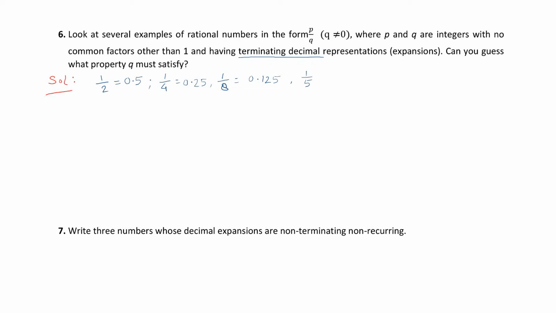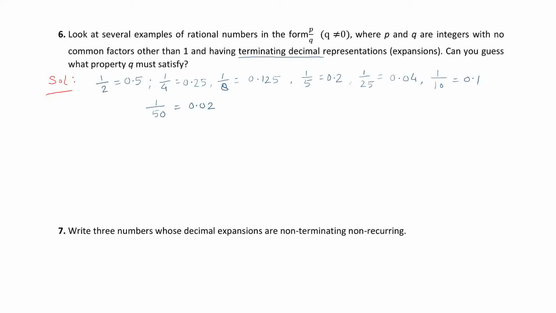So 0.2, again it is terminating. 1 by 25, so 0.04, so again it is terminating. So 1 by 10, again it is terminating. So 1 by 50, let's say 1 by 50, it will be 0.02, so again it is terminating.